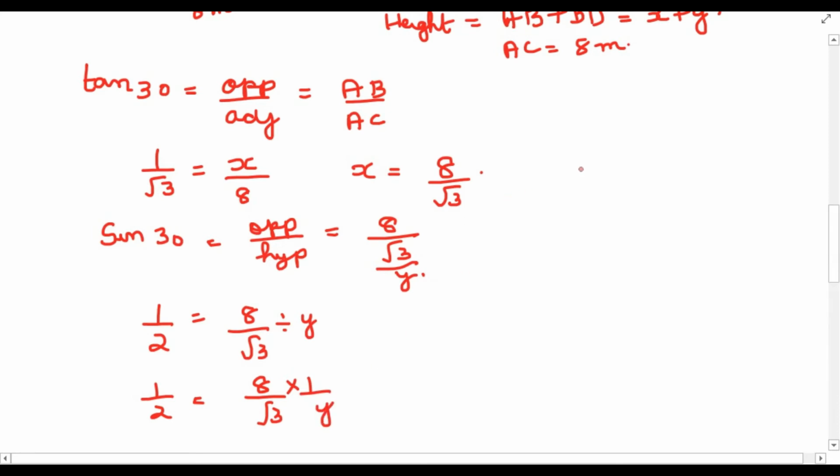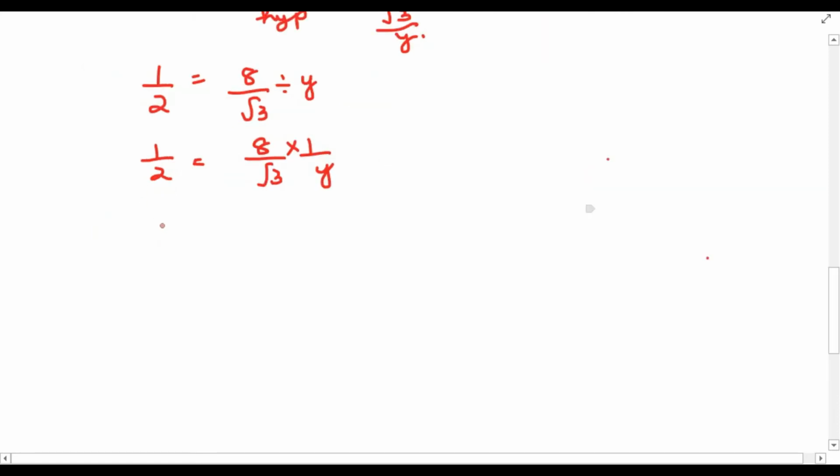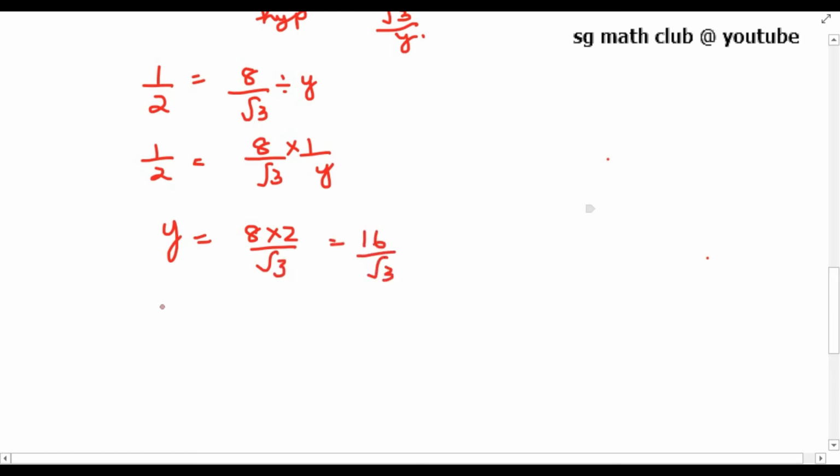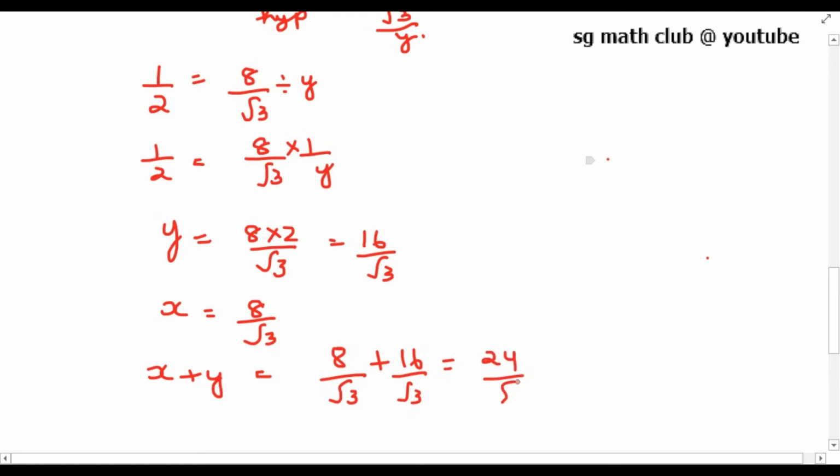Now we will cross multiply this. Y equal to 8 into 2 by root 3, which is equal to 16 by root 3. And just now we got x is 8 by root 3. Height of the tree is x plus y, which is equal to 8 by root 3 plus 16 by root 3, which is equal to 24 by root 3.